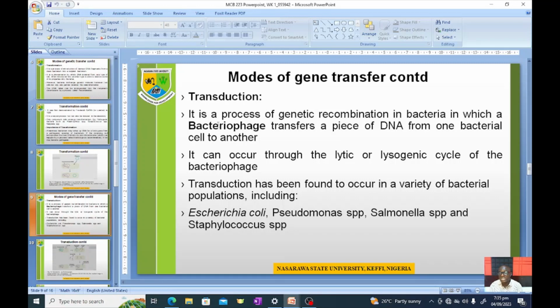Under lysogeny, the process is almost the same, but the difference is that the cell does not burst to release the replicated DNA particle.